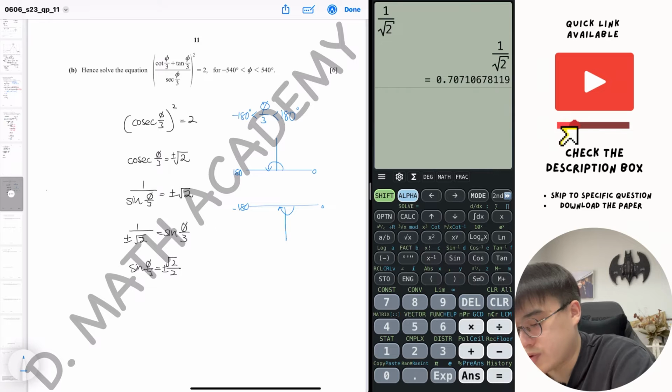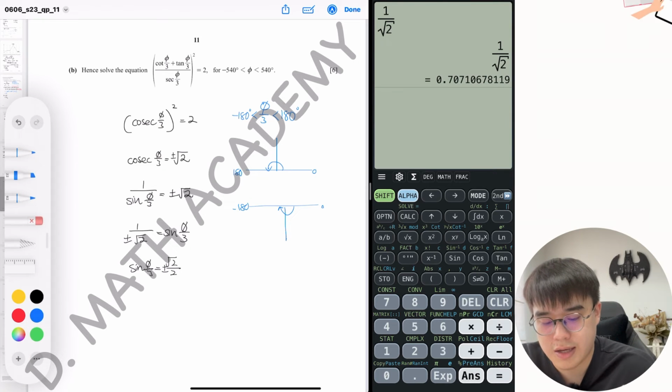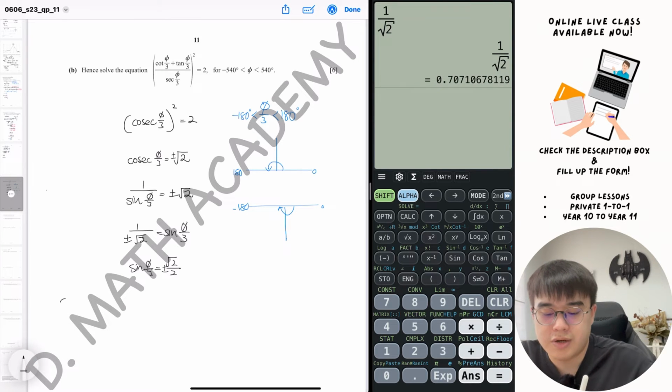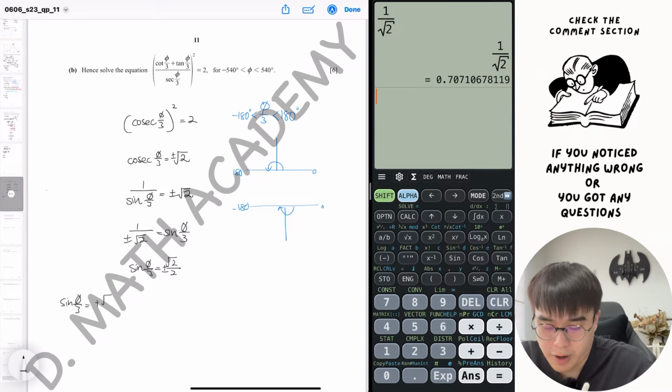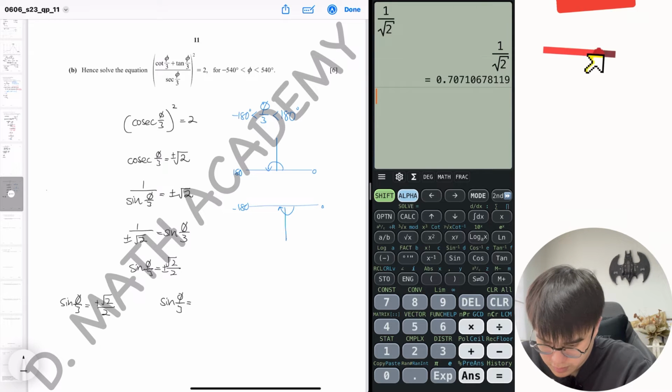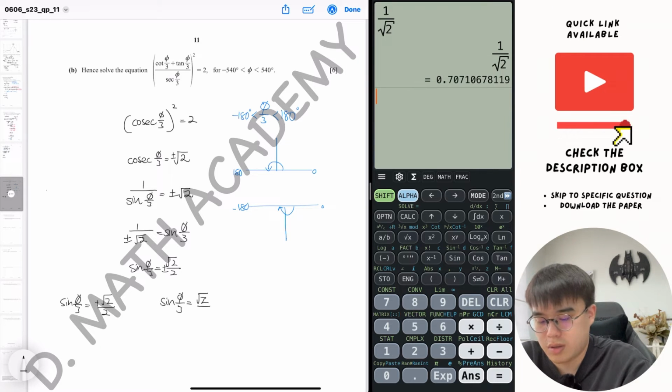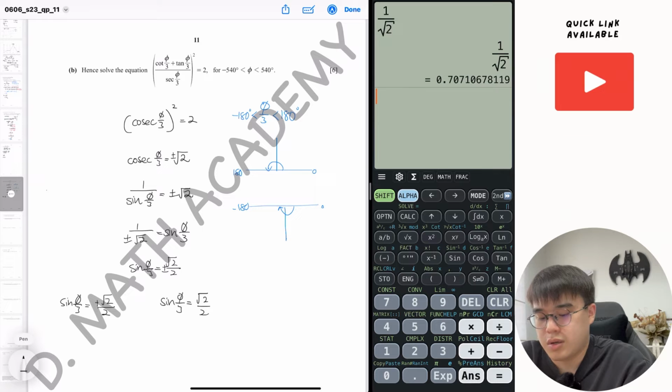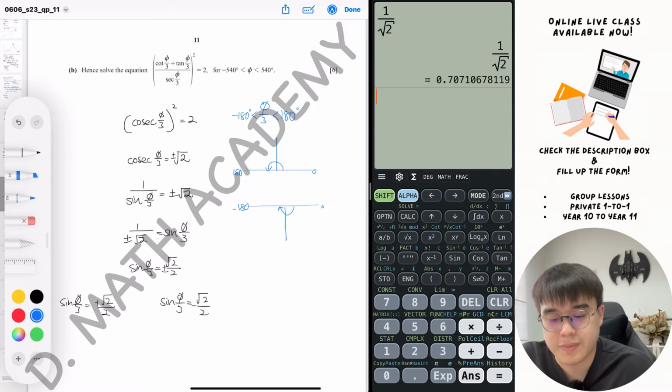So I'll draw this thing out, and before I continue, I will be splitting this into 2 parts. Okay, one of them is negative, one of them is positive.